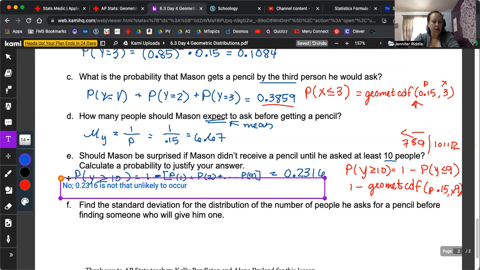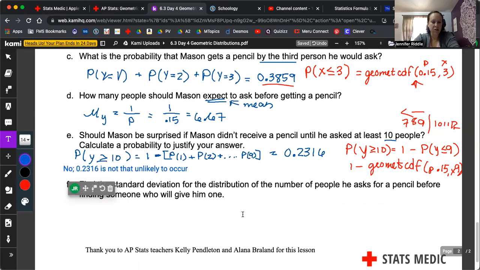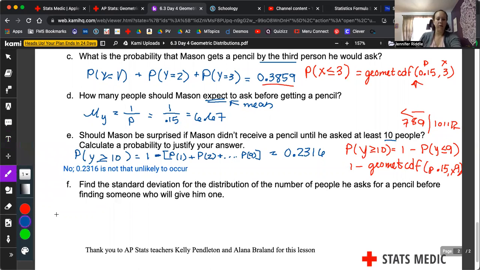And then in part F, it says find the standard deviation for the geometric distribution of the number of people he asks for a pencil before finding someone who will give him one. This is just using our formula for standard deviation of a geometric distribution, which is the square root of 1 minus p, and the whole thing divided by p.